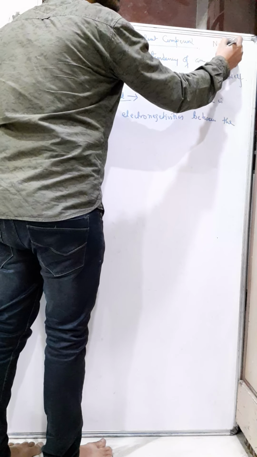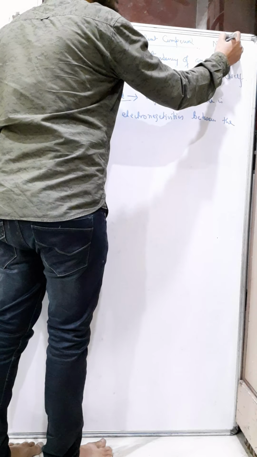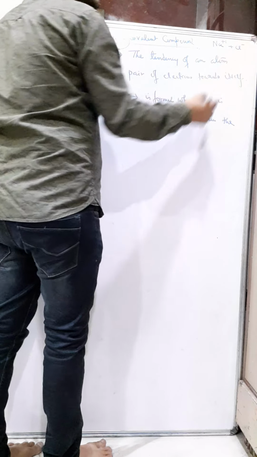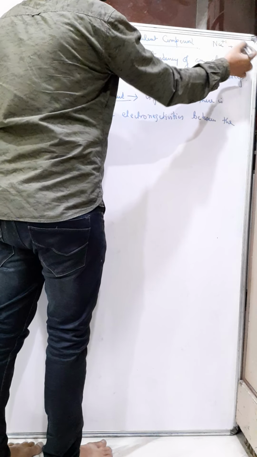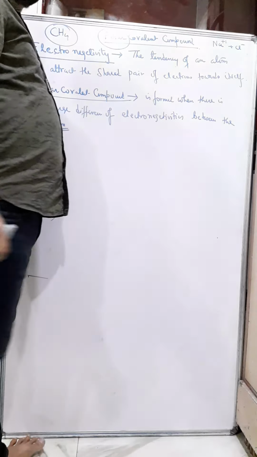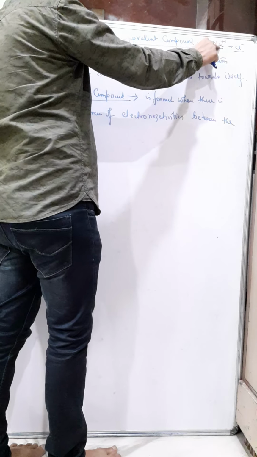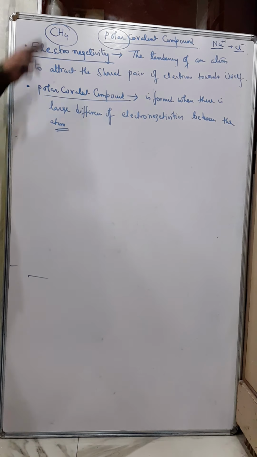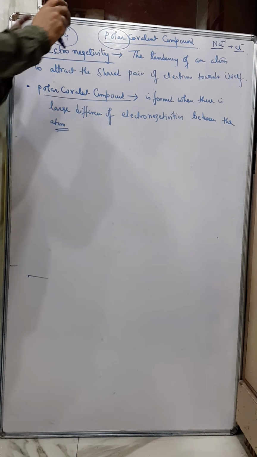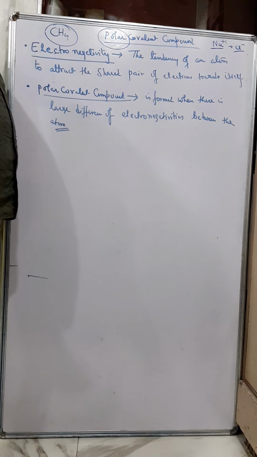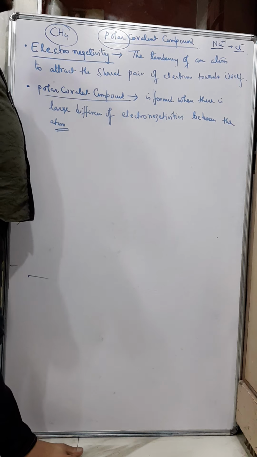If you remember ionic compounds, say NaCl, this NaCl is formed by Na plus and Cl minus, so we say this is a dipole, positive pole and negative pole. They have a certain charge due to the shortage of electrons and excess of electrons. But in covalent compounds, there is no loss or gain of electrons, so they are generally non-polar, no charge.